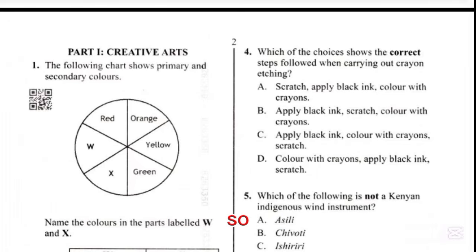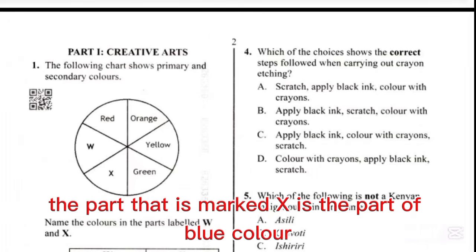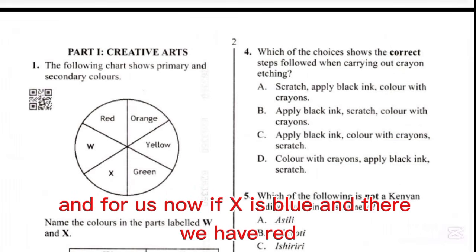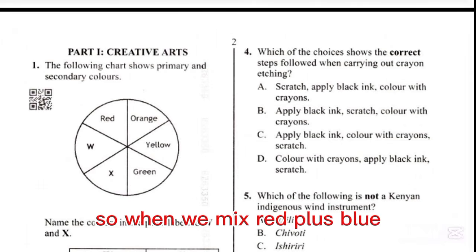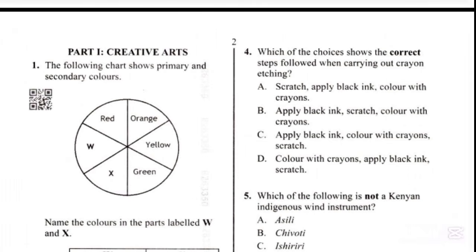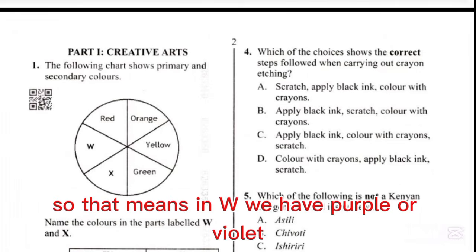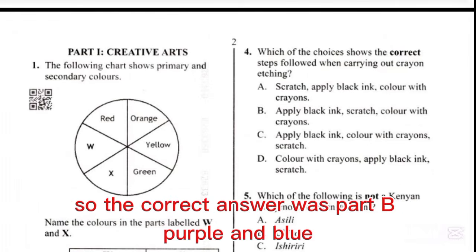So the part that is marked X is blue. And if X is blue and there we have red, when we mix red plus blue, which color are we getting? We are getting purple or violet. So in W we have purple or violet. The correct answer was part B, purple and blue.